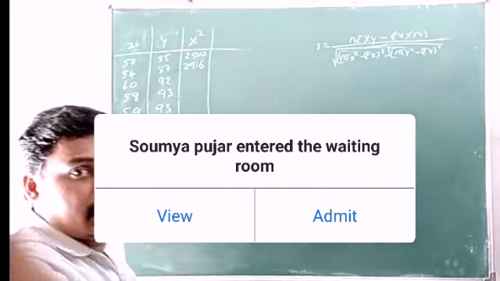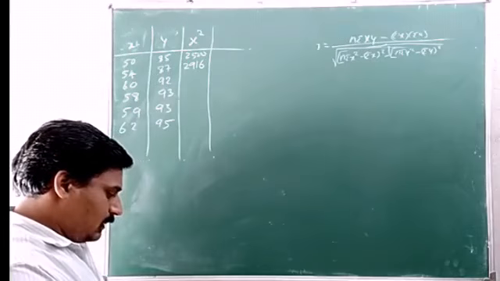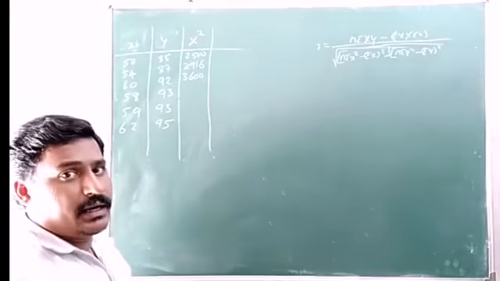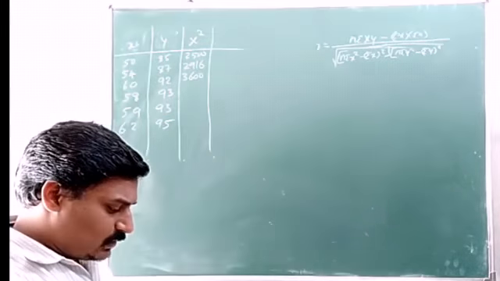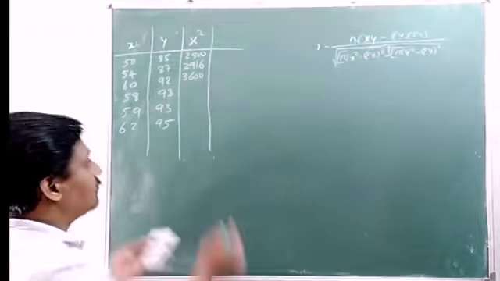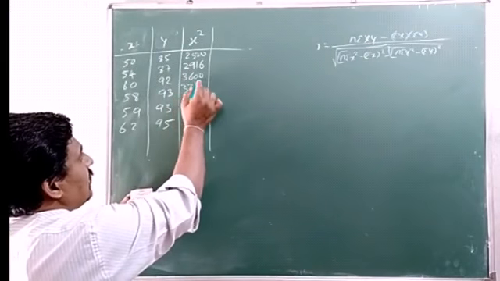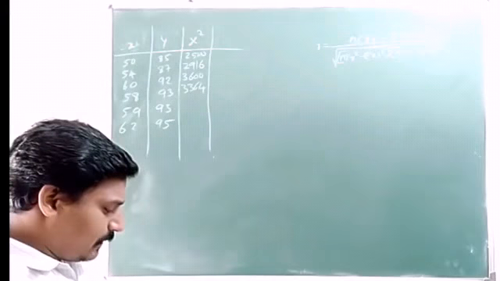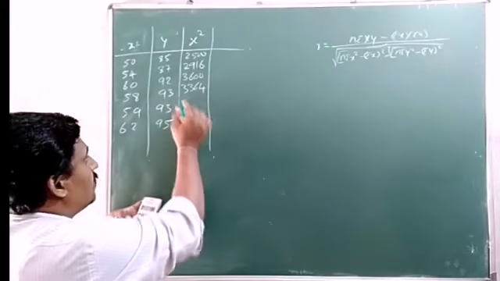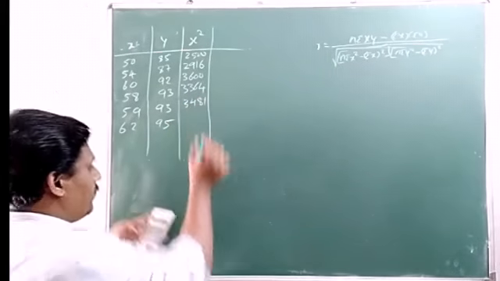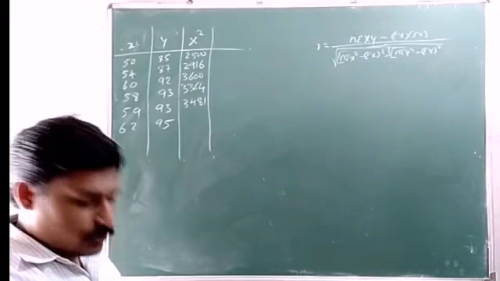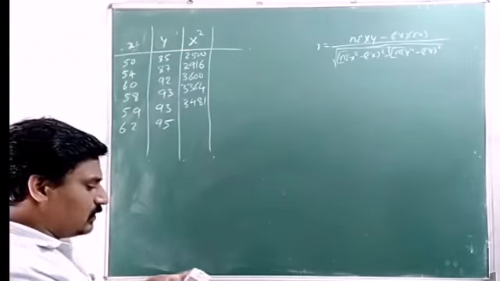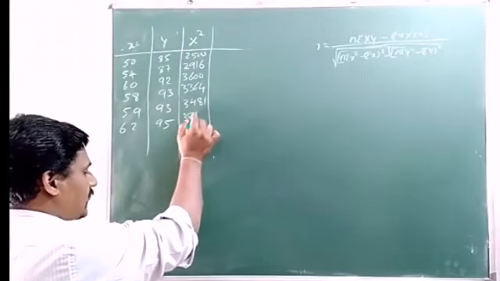Next 60 square is 3600, and next 58 square is 3364. Next 59 square is 3481, and last 62 square is 3844.